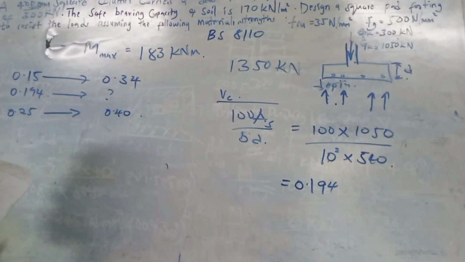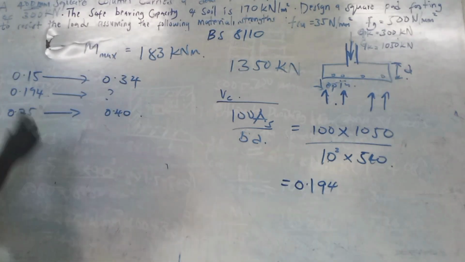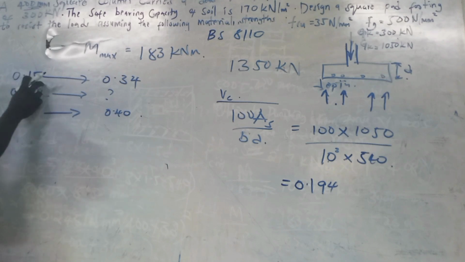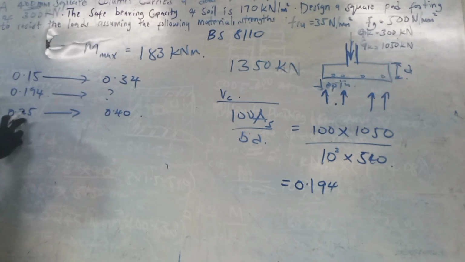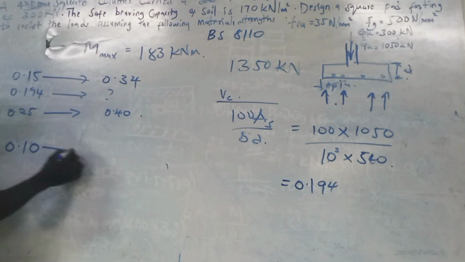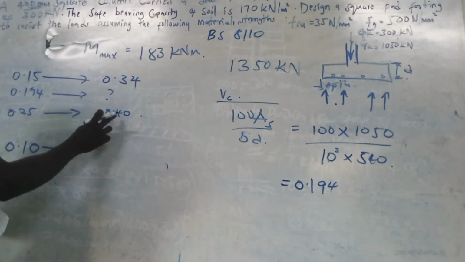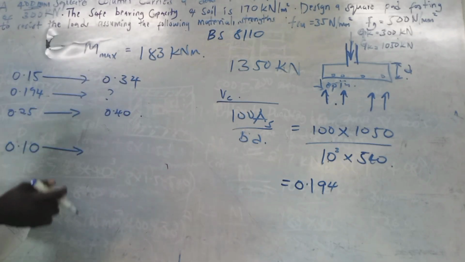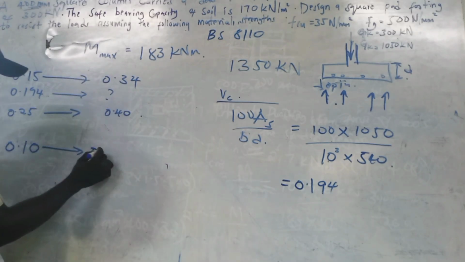So let's work out this one real quick. So we're going to have 0.25 subtracted from 0.15. That one will give you 0.10, and 0.40 minus 0.34, that is 0.06.